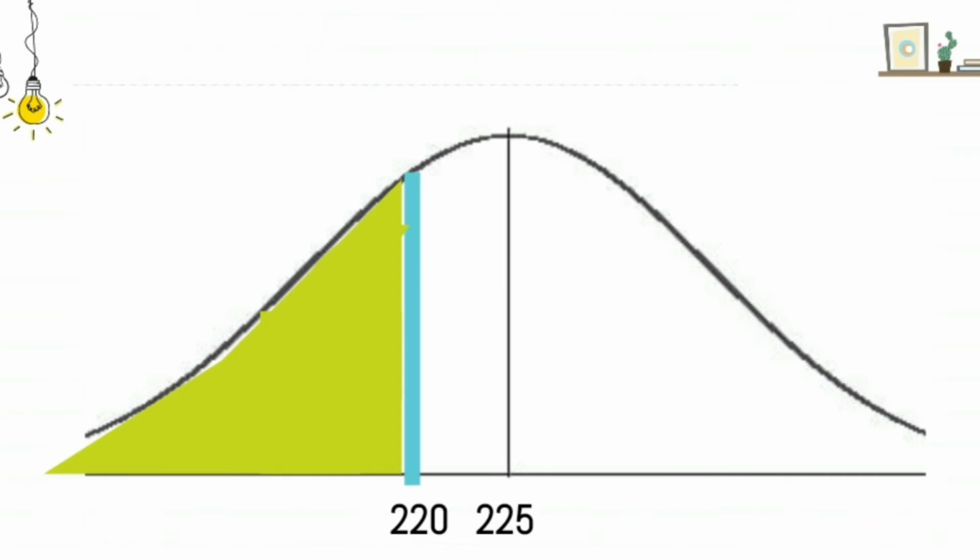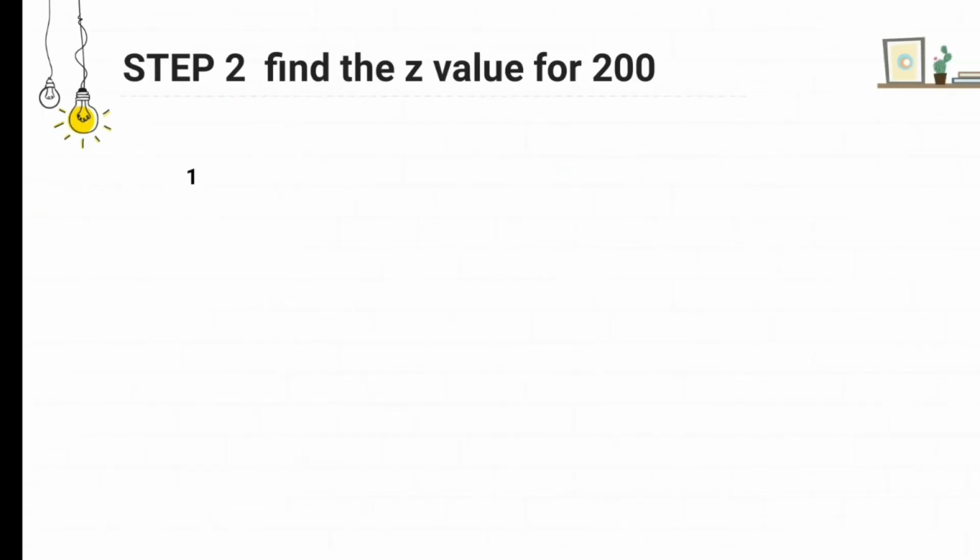Our problem here is less than 200 calories, so the shaded part will be less than 200 calories. It's 200, not 220, I'm sorry for that. Now step 2 is to find the z value for 200.